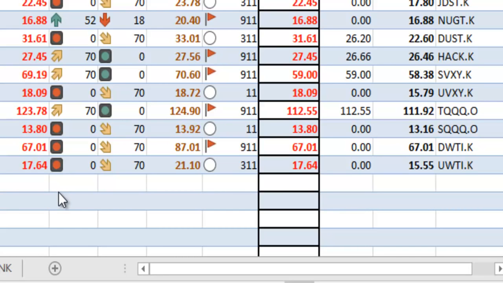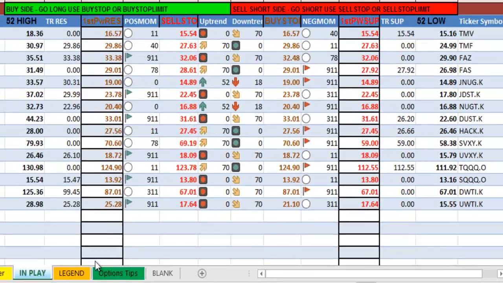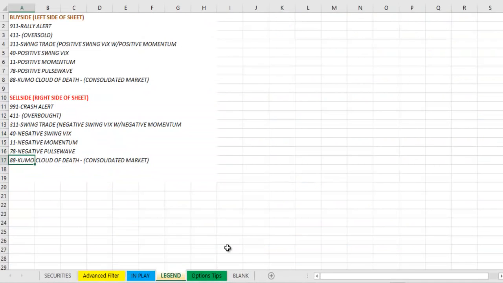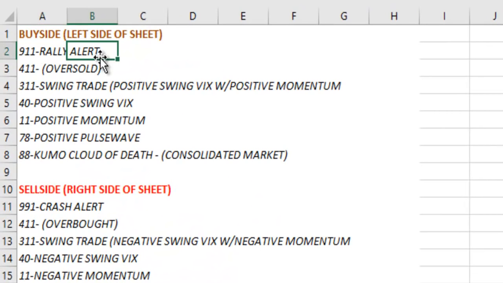So first, I think we need to go over the legend again, just as a brief rehash. We click the legend tab, and it breaks down what each alert code means. We have a 911, which is your rally alert.